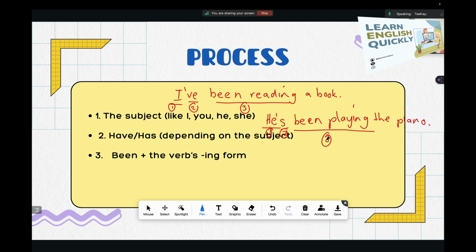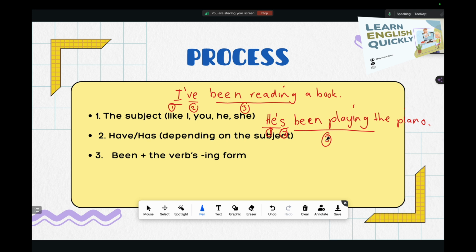Oh, yes. Wow, very good. So that's great. In this sentence, we know he started learning the piano 2 years ago and he's still learning the piano now.